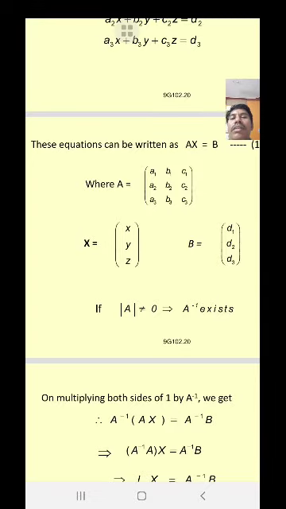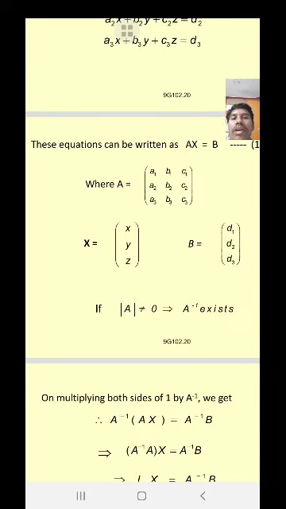So consider this matrix as A, and X is another matrix of the variables x, y, z, and B is the matrix of the constant terms on the right sides, that is d1, d2, d3. If det A is not equal to 0, then A inverse exists. If it is equal to 0, A inverse does not exist.